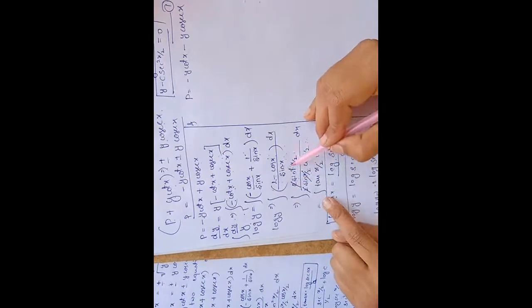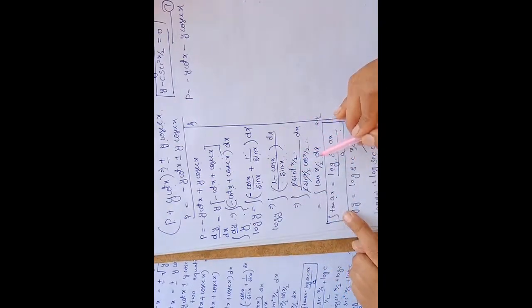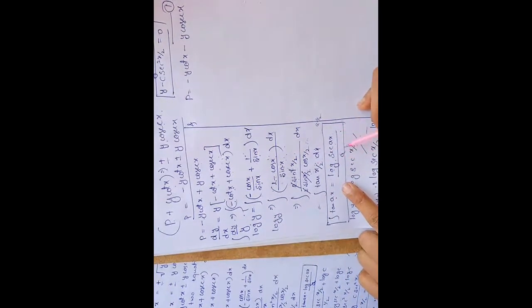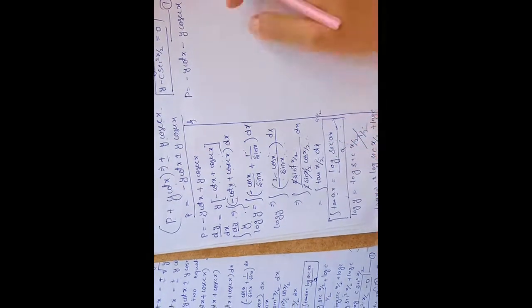The formula for the integration of tan ax is log sec ax divided by a. You have to remember this one. So the remaining terms are log y equals log sec of x by 2, divided by a, which is 1 by 2. Taking that to the numerator, it becomes 2 log sec x by 2, plus the constant of integration.